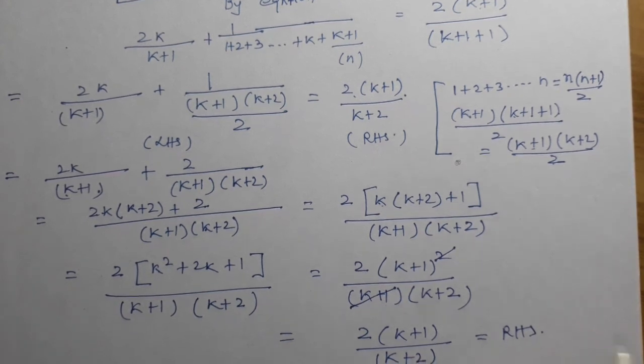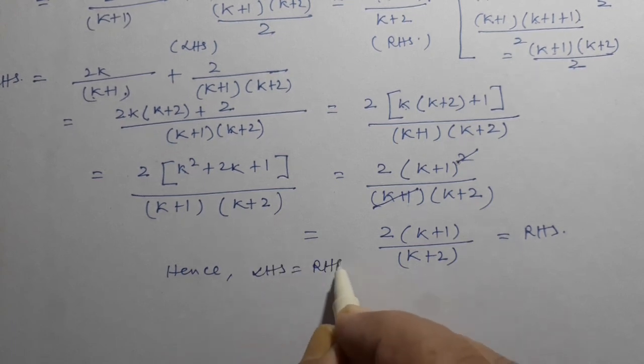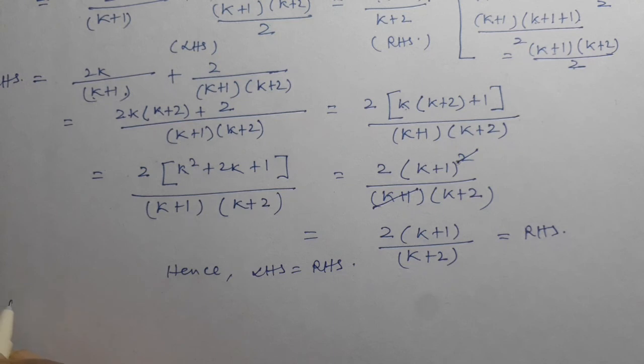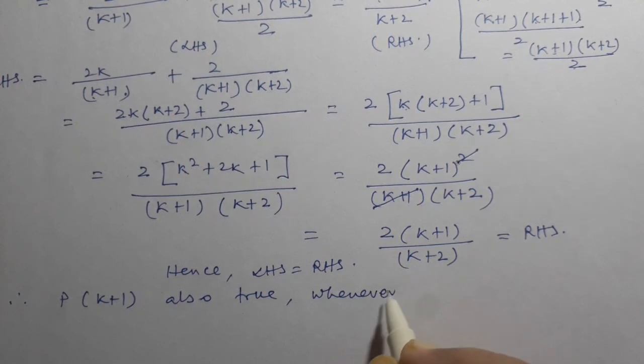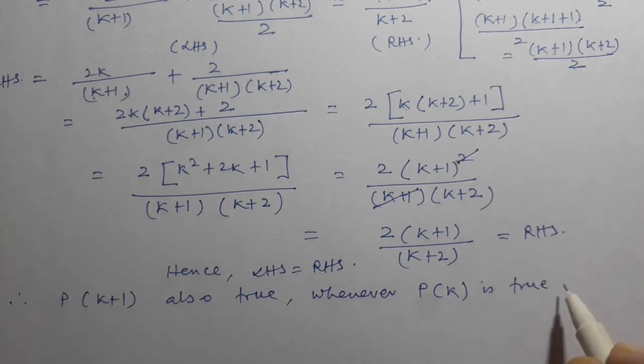So what we see, what we will write now? Hence LHS equal to RHS. So we shall write, P k plus 1 is also true whenever Pk is true. Wherever Pk will be true, k plus 1 will also be true. So ultimately the third step is proved true.